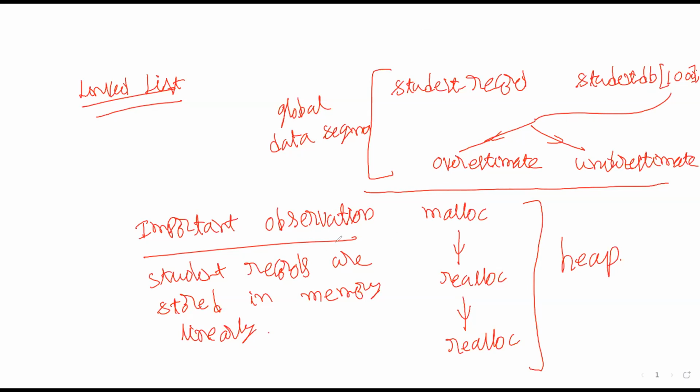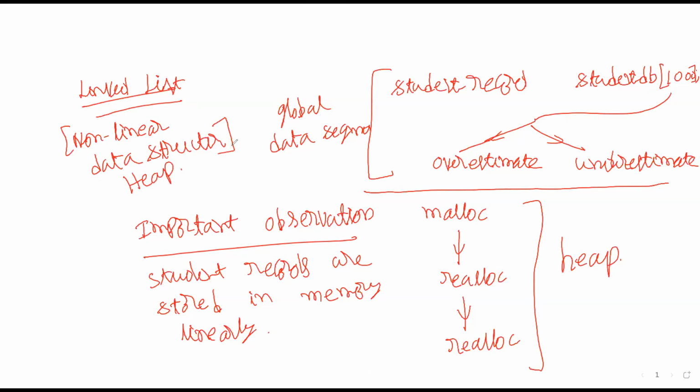Now we will see an alternate approach. It's a nonlinear data structure. Why it's nonlinear, we will see. It is stored on the heap memory.